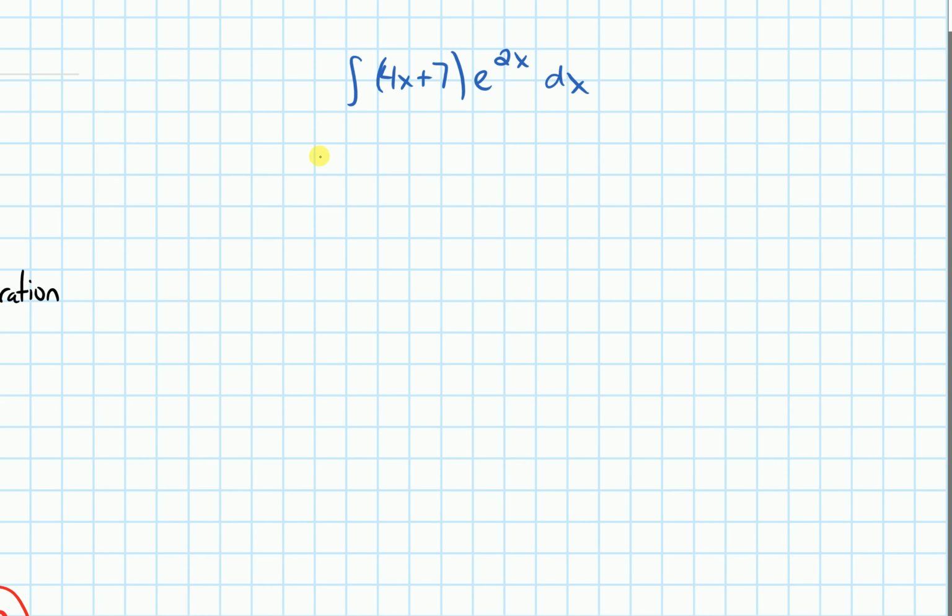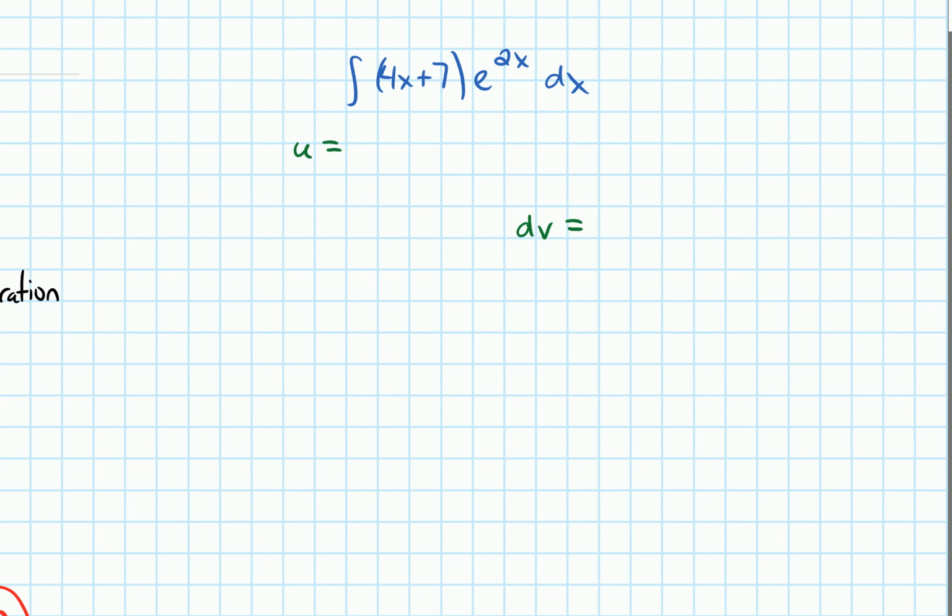All right, so here is our integral. And what we'll need to do is we need to pick one part of this to be u and one part of this to be dv. So for this example, I'm just going to tell you what they're going to be, but we'll talk later about how do we know what to pick for u and how do we know what to pick for dv, because that's one of the more challenging parts of integration by parts, at least initially, until we get more practice with it and get better at recognizing what to pick.